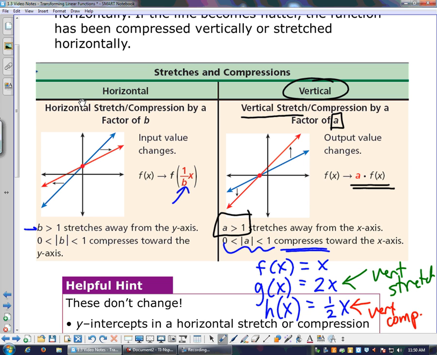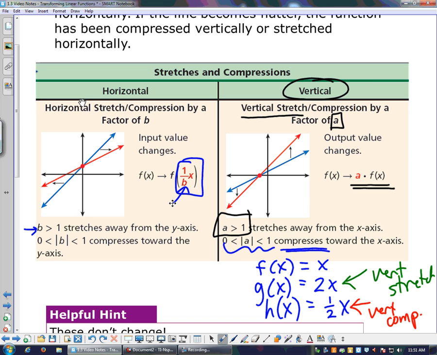So if b is greater than 1, you're going to be stretching it away from the y-axis, like you see in the diagram here. If the absolute value of b is between 0 and 1, it's actually a compression. However, that means in the function it's still going to be the reciprocal, 1 over b times the x. So let's graph this one too, because I think that's the easiest way to understand this.